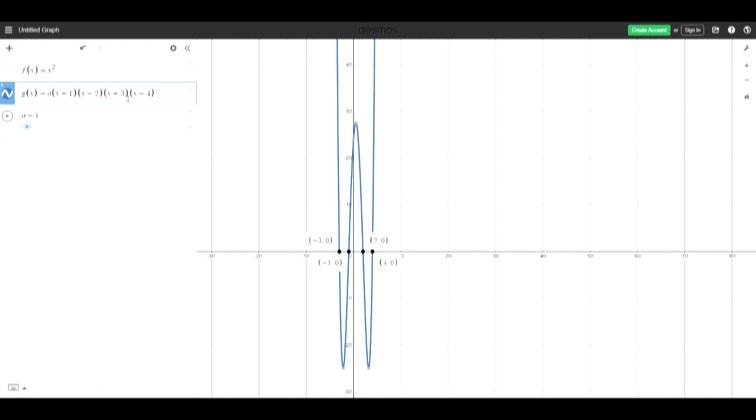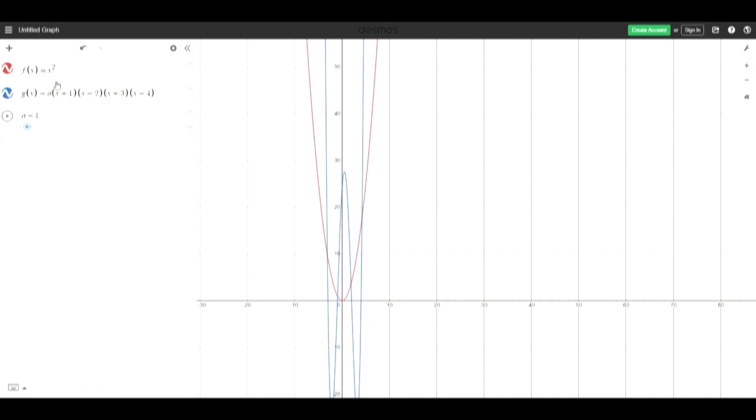But notice the end behavior. It's doing all these crazy turns here, but it doesn't matter because my end behavior is still the same as before, decreasing on the left, increasing on the right, just like I have for my parabola. So just looking at the ends, it gives me the exact same thing.